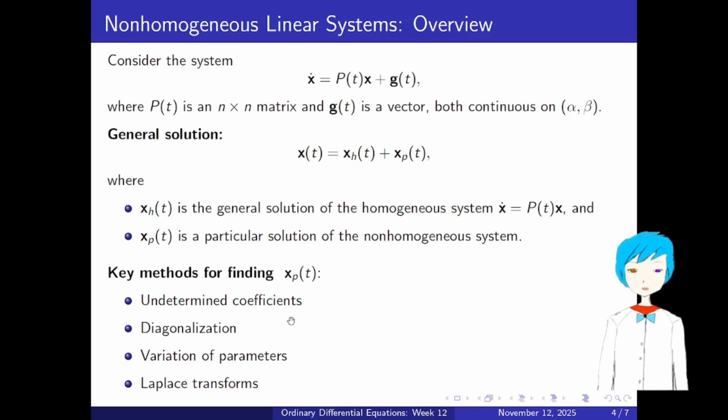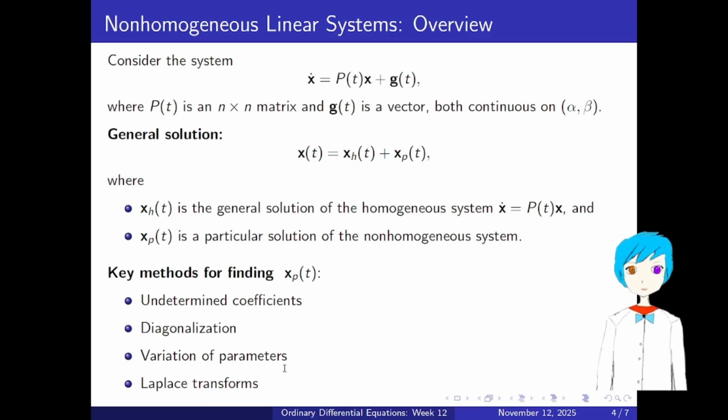We can make an analogy to how we get the particular solution to non-homogeneous second-order ODEs. Basically, there are different methods like the undetermined coefficients. We make a guess for the particular solution, and then we try to solve for the coefficients. Diagonalization, that is to convert the matrix P into a diagonal matrix if it is time independent.